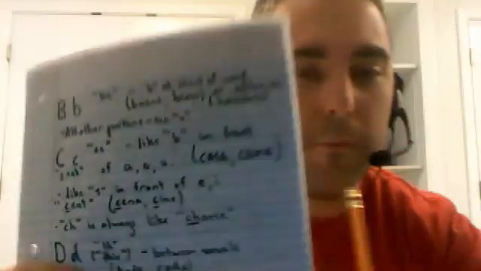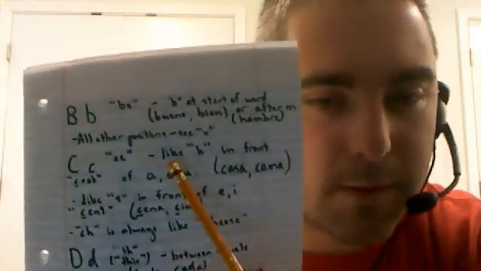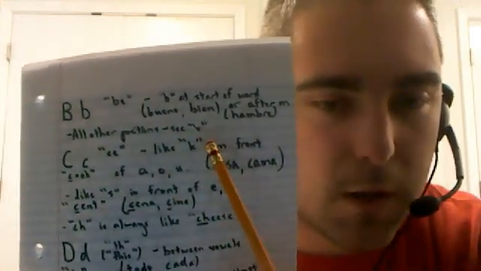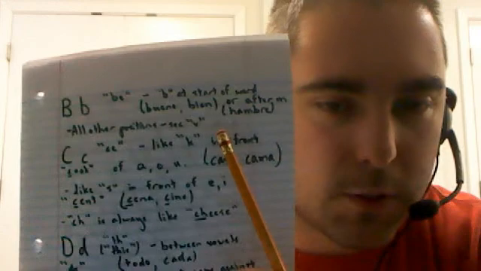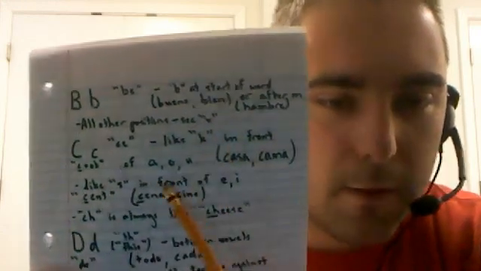Let me grab a pen or a marker here so I can point a little bit more effectively. Here we go. In all other positions, B makes the same sound as the Spanish letter V, which is not the English V, as we will see.